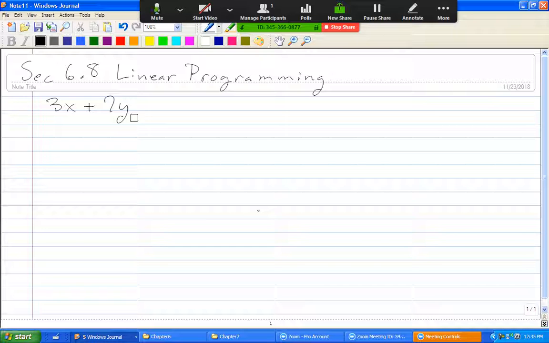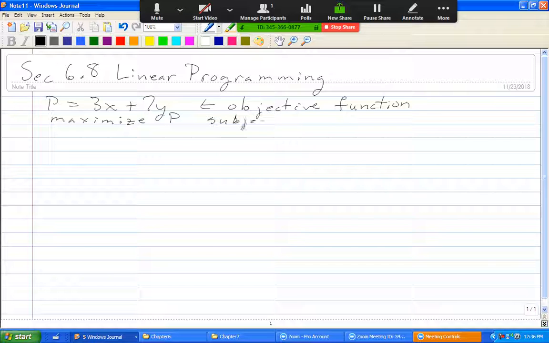Say you're trying to maximize, I don't know, a profit. So this is your objective function, and you may want to maximize or minimize that. But it'll be subject to some constraints.